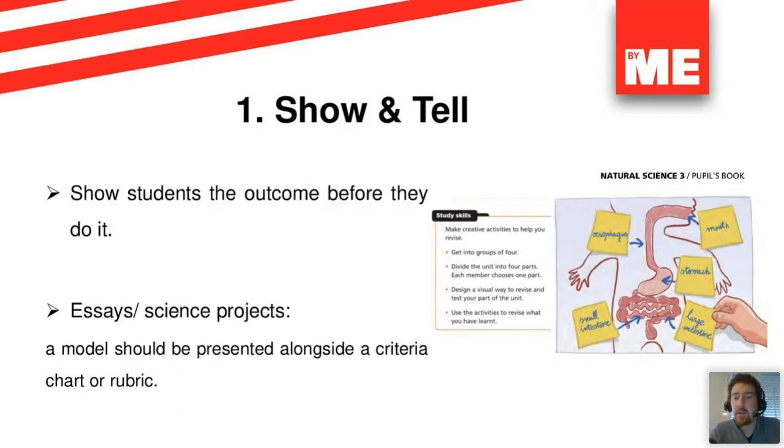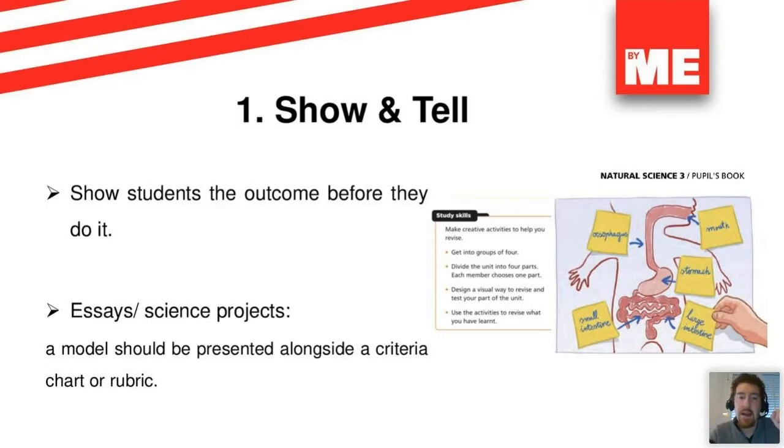If we just tell them, they don't have any visual reference of what's expected from them. But if we provide them with a visual cue, okay, something like this is what previous students have completed, okay? We've included the mouth, the esophagus, the stomach, the small intestine, the large intestine, etc. Then they have some type of visual connection of what's expected from them.